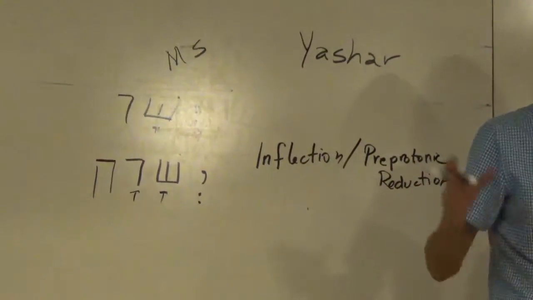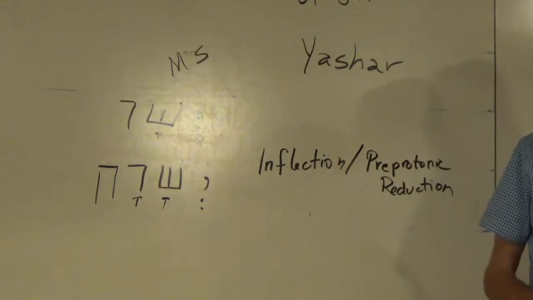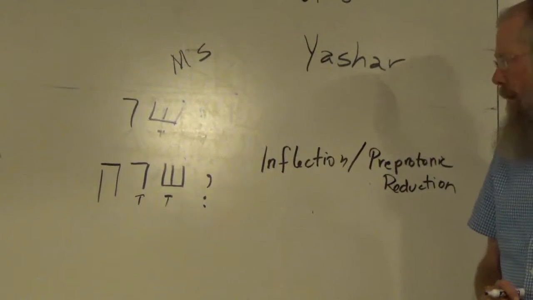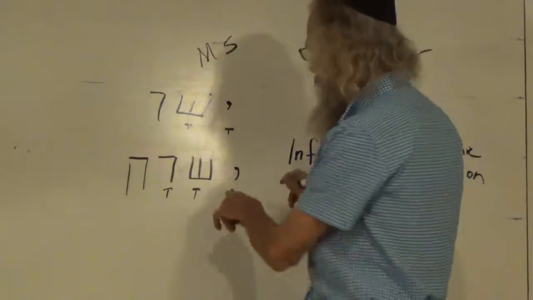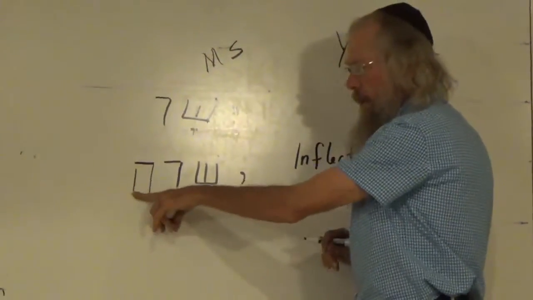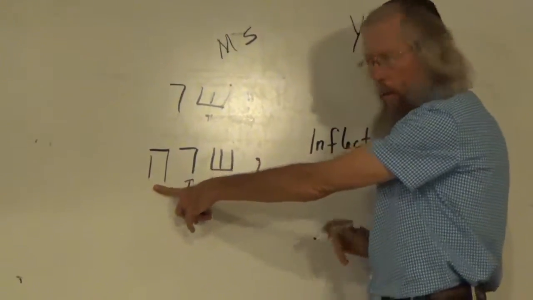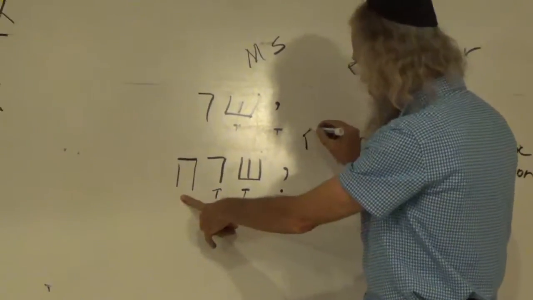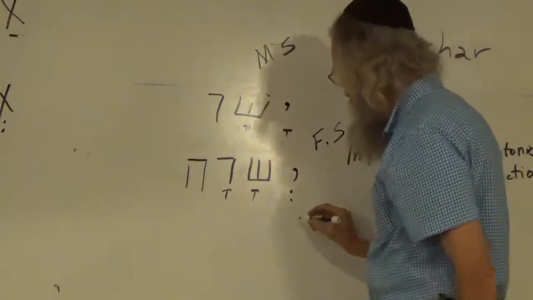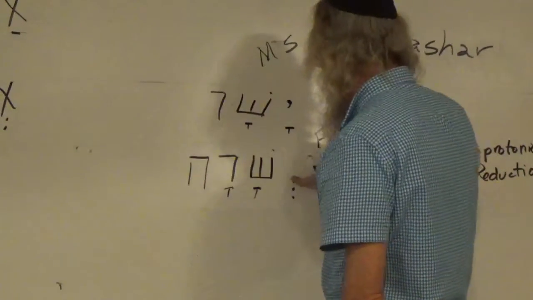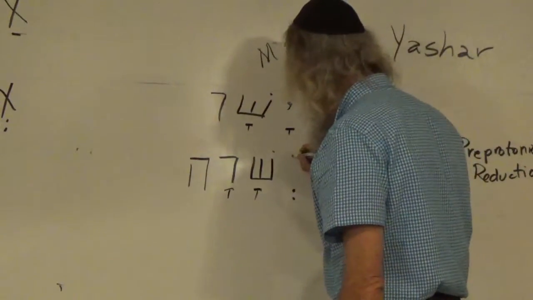The first syllable has been shortened in its sound. Yeshara. So now this is what? Because I've added the hey, that tells you automatically, feminine singular. My yud is kind of down like a comma down here.